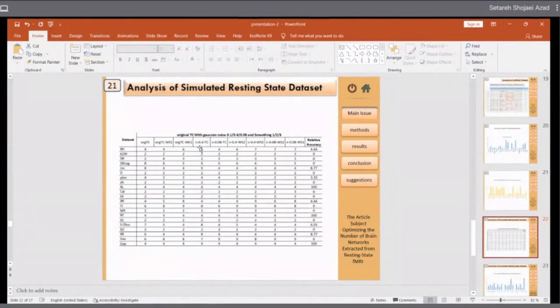About the simulated resting state data set, as you can see in the table, we increased the Gaussian noise up to 0.4, and we added smoothing with 1, 2, and 3.